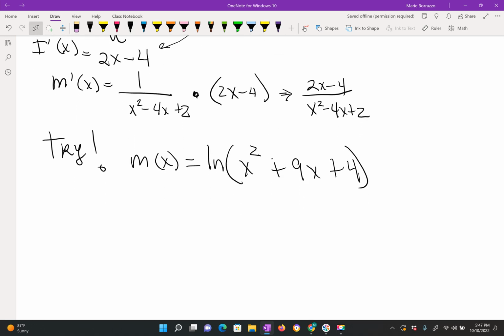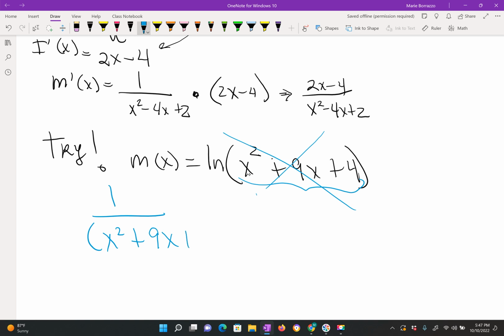Remember, they're doing the long steps to help you understand this, but sometimes too many steps is too much. If I know that this is simply 1 over whatever this entire value is, which in this case is x squared plus 9x plus 4, all I have to remember is that I'm going to use 2x plus 9 over 1 times that.